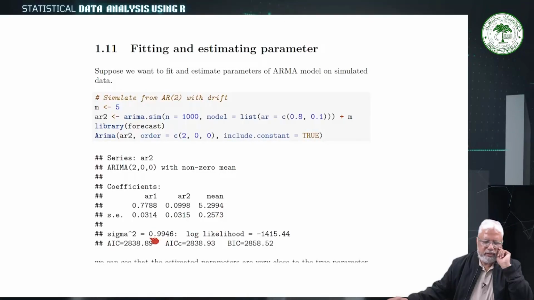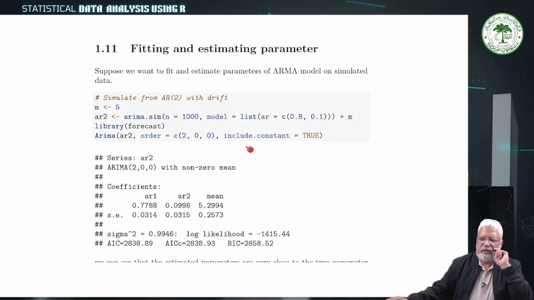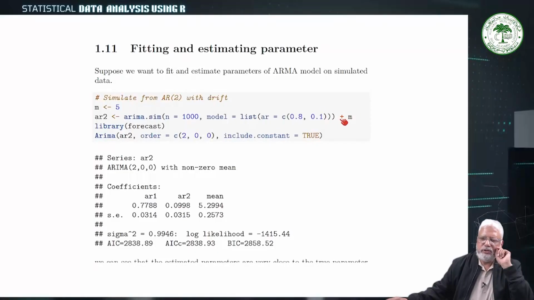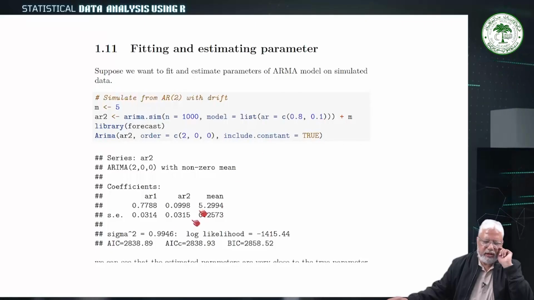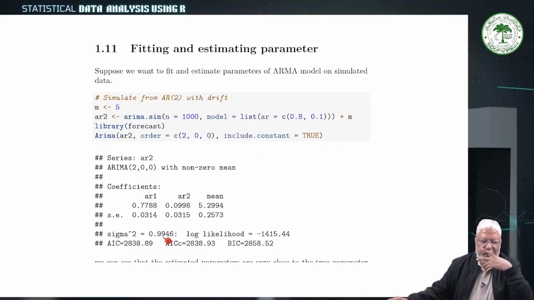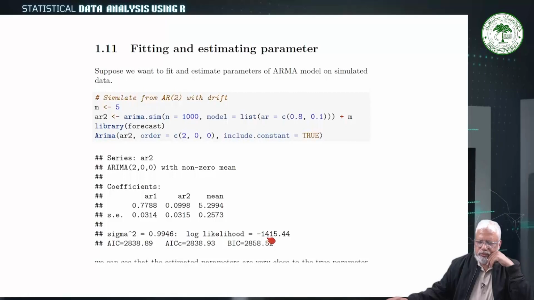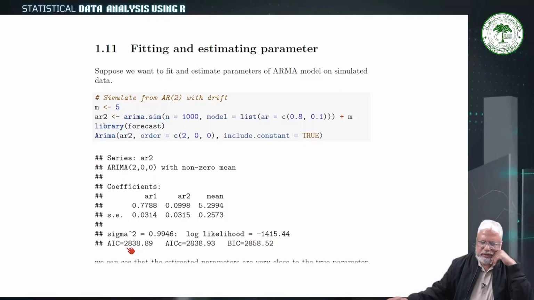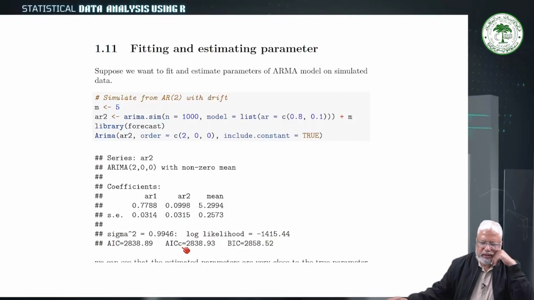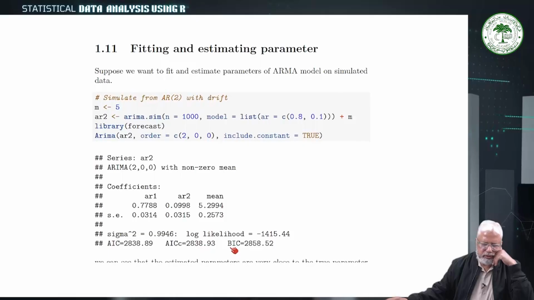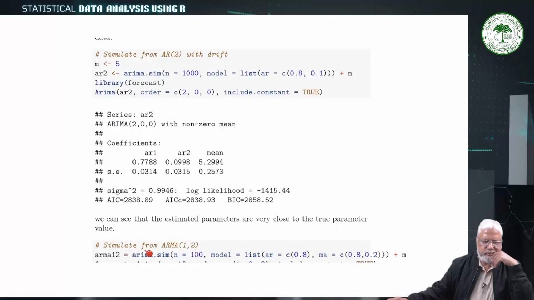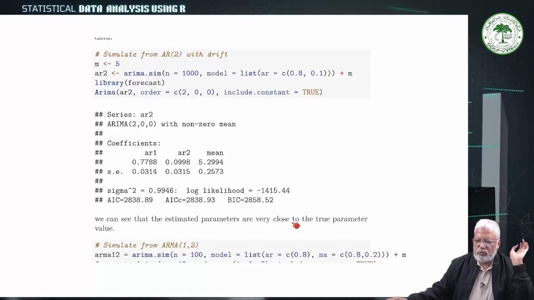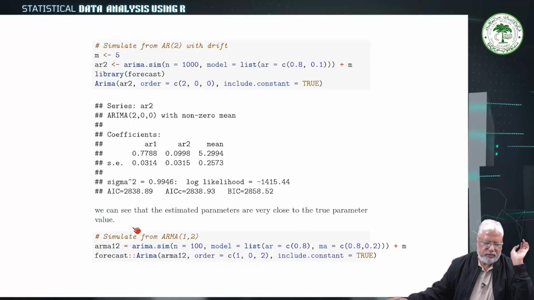And sigma is 0.99, because we have not specified sigma in the simulation, so that means sigma is 1 by default, so sigma squared is 0.99, and the log likelihood is minus 1415.441. AIC, AICc and BIC are the criteria for model selection. We can see that the estimated parameters are very close to the true parameter values.